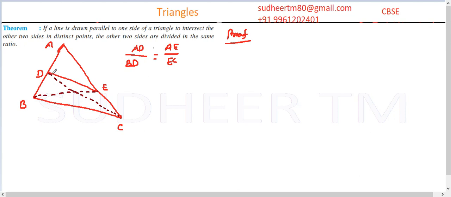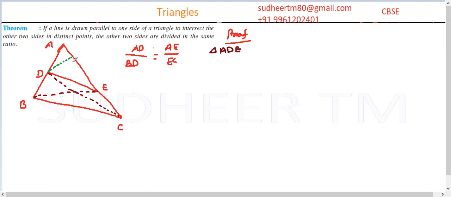Okay, so to find the area of the triangle, let us first consider triangle ADE, the top small triangle. To find the area we should have a perpendicular here, so let me draw the perpendicular. From D, draw a perpendicular to AC.